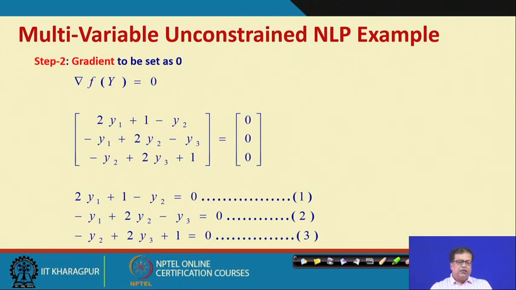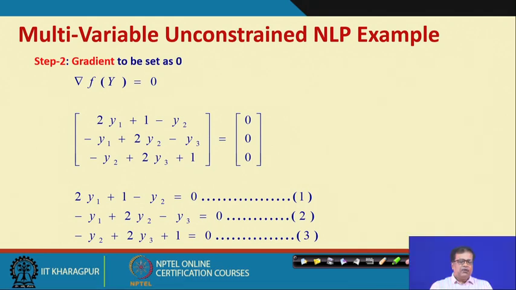Then how do we find the values of y1, y2 and y3? It is a very simple problem really. All we have to do is solve a set of simultaneous equations, not much challenge here.